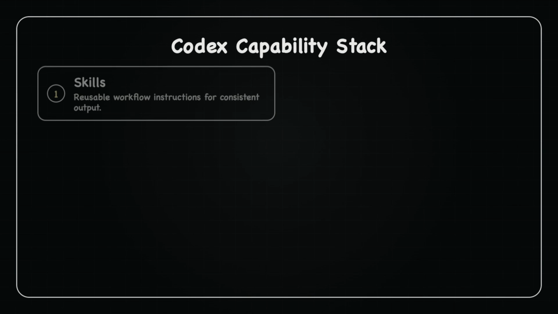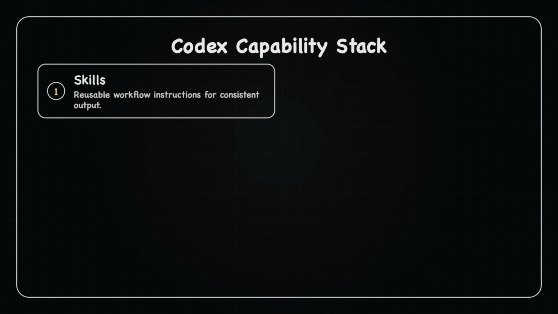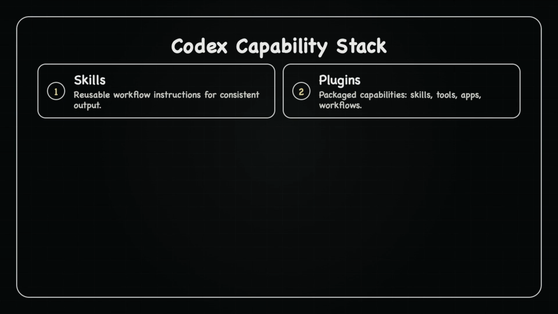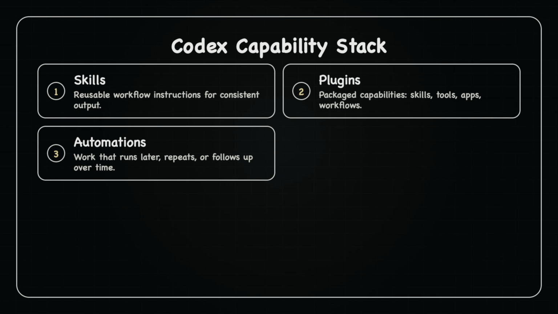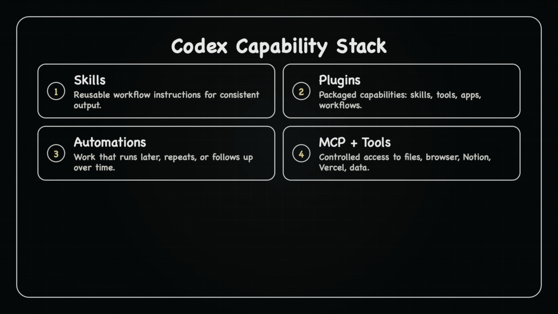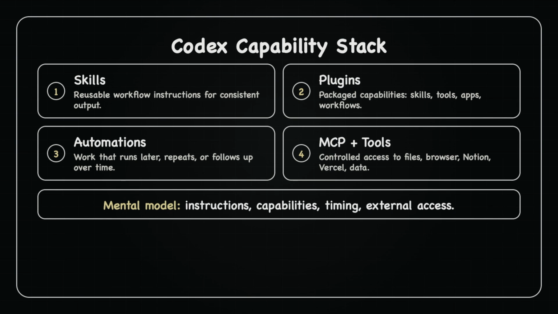The best way to think about all that is: skills tell Codex how to do a workflow, plugins package capabilities, automations let work happen later, and MCP tools and connectors give Codex controlled access to outside systems. Once those pieces make sense, Codex feels less like a code editor and more like a project agent.